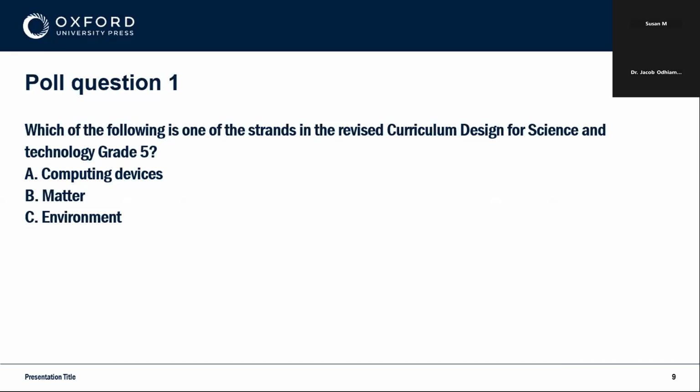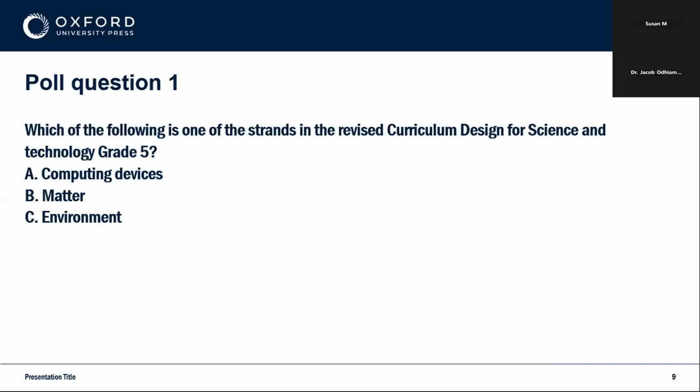Just as a recap, there's a poll question here. Dear participants, as we continue, we also want to recap on what we have discussed. So this is our poll question. You will write your responses in the chat.